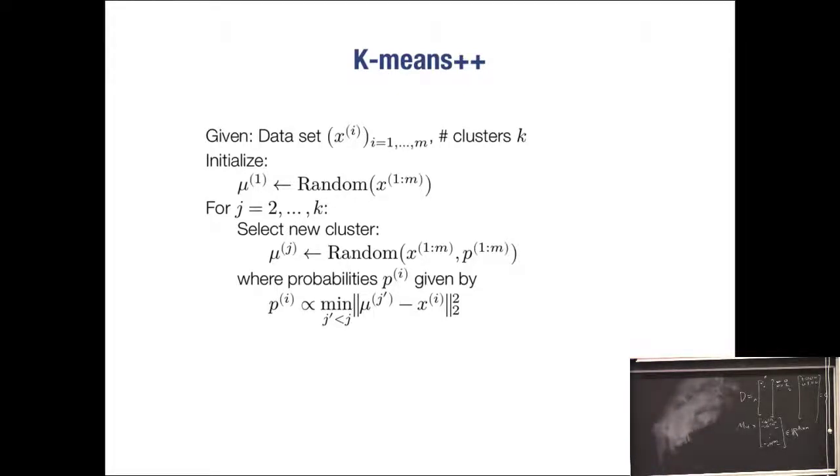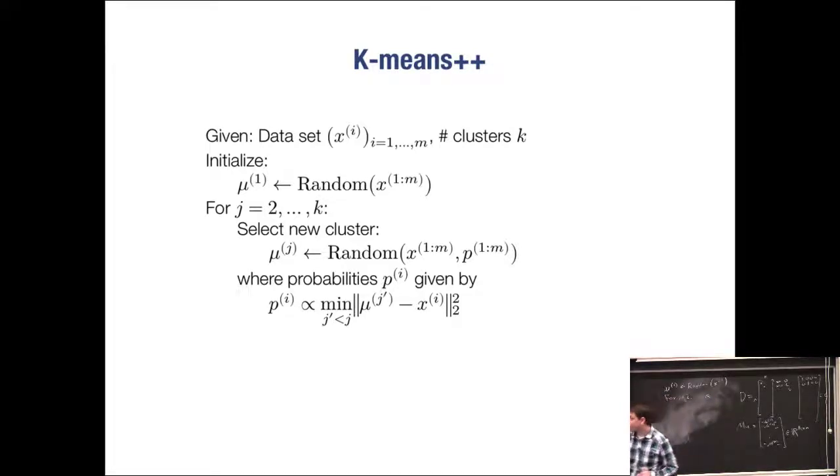What k-means plus plus does is actually very simple. We start off the same way. We pick mu1 to be a random sample, some random xi. And now we're going to iterate over all j from 2 to k.